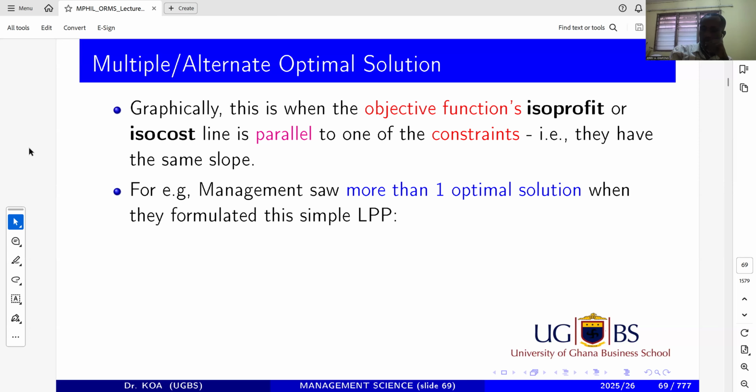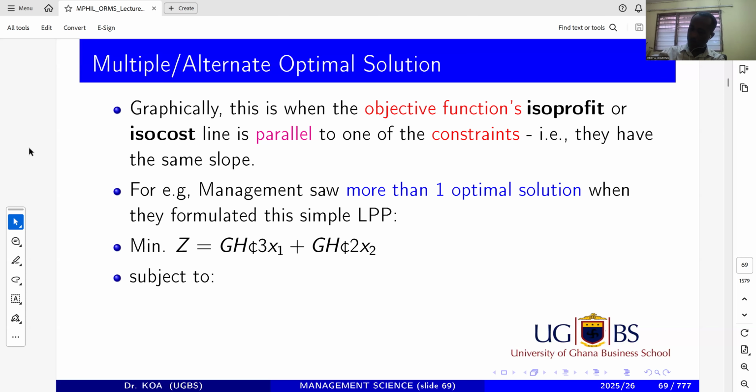The alternate means that there are several alternative solution points. This will normally happen when a manager quotes something different from what a production manager will say, or what a marketing manager will say is quoted differently from what a financial manager will say in the same company. So all of them will keep different ideas, and that will lead to multiple optimal solutions.